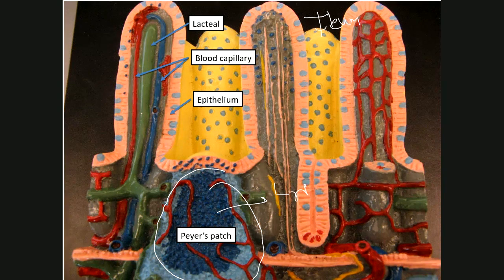Lymphoid tissues are those tissues that have high numbers of white blood cells. Because not only is there food and liquid out here, but there's also bacteria out here. And so the white blood cells in this Peyer's patch can fight off those bacteria and keep them from getting into the body.